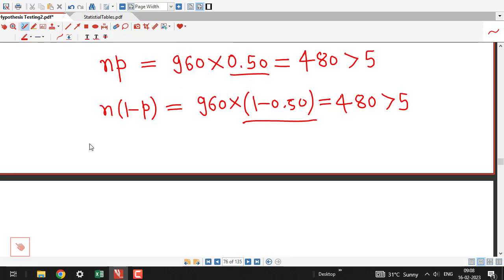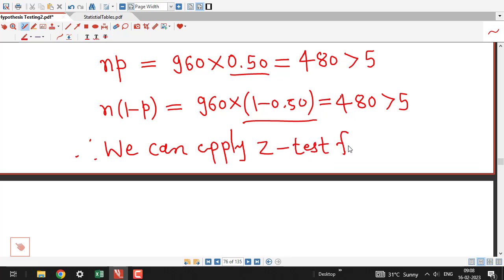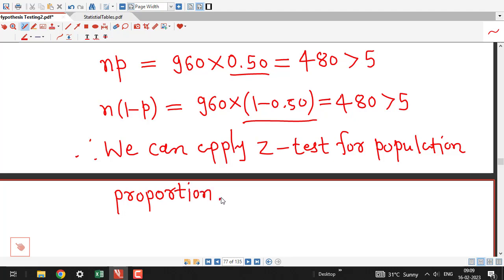Therefore we can apply Z test for population proportion. If you are not familiar with this hypothesis test, you can watch my lecture on large sample hypothesis test for population proportion.